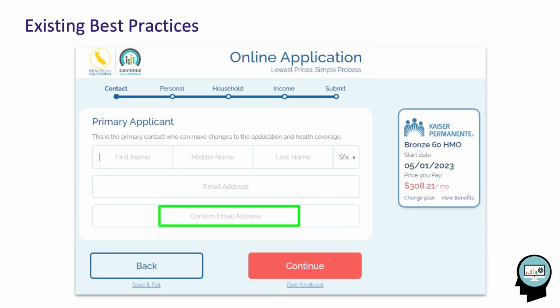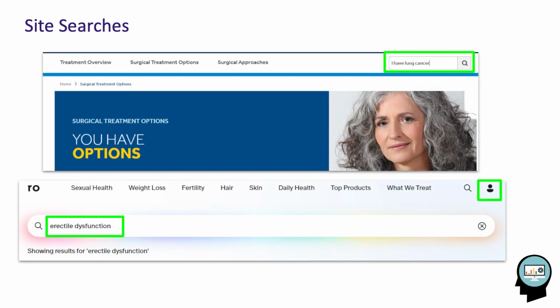So, existing best practices: people have taken their email and encrypted it when it was submitted in forms. This is still the case. This is how you protect against PII. I'm not saying any of these sites, if you recognize them, are doing anything wrong. They're probably doing everything right. It's the UI that could be done wrong if you see it on other sites where this isn't the case.